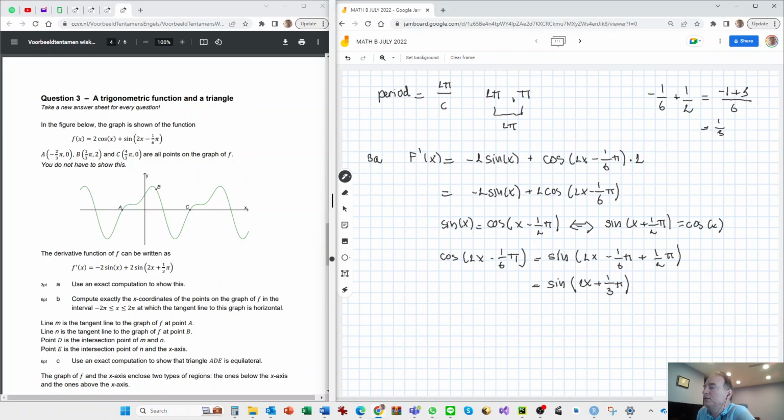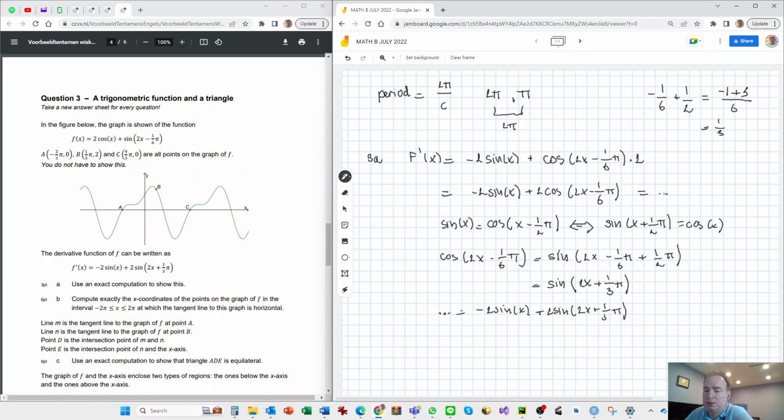So just to complete the question, we found that, don't forget the 2 here, it's 2 sine of 2x plus 1/3 pi.